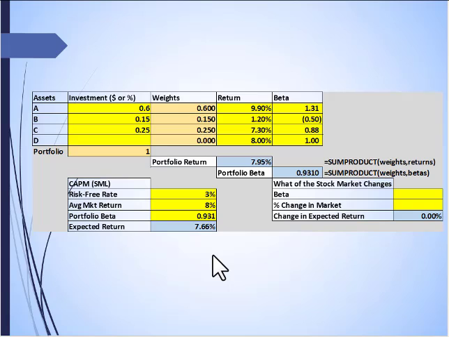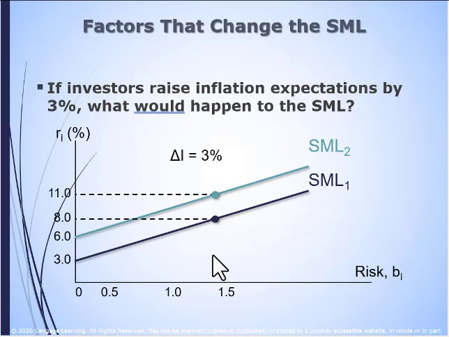So let's talk a little bit more now about some things that can change. We know the world doesn't stand still. What happens in an inflationary time? The security market line shifts, but it shifts parallel. So if inflation goes up by 3%, the entire security market line goes up by 3%.